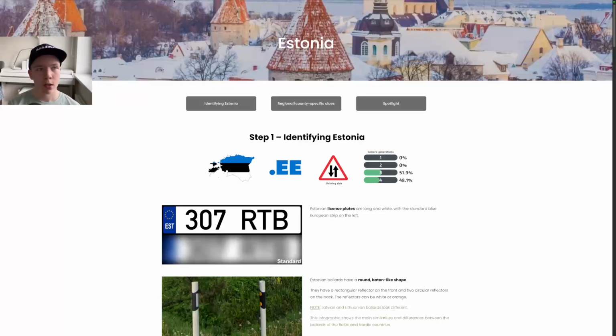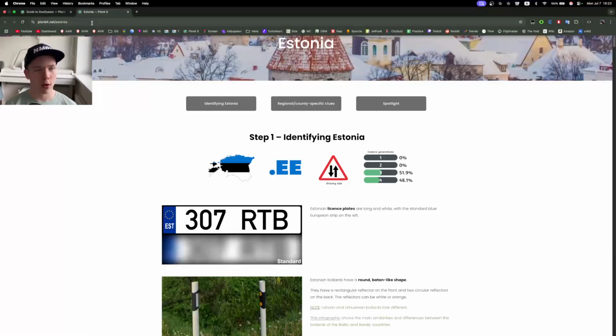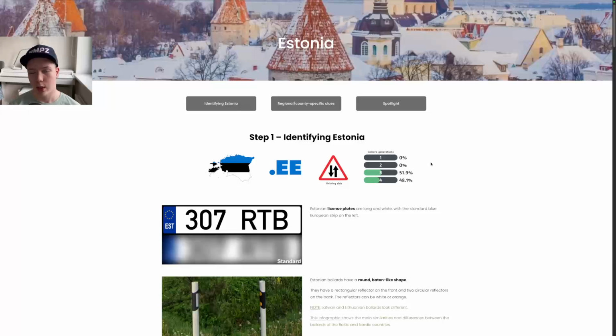Plunkett.net is the website where I am reading all these guides, and I will link that in the description of the video as well, so you can just take a look at the guides yourself. And Estonia only has Gen 3 and Gen 4, but both are quite common, so you really can see both.